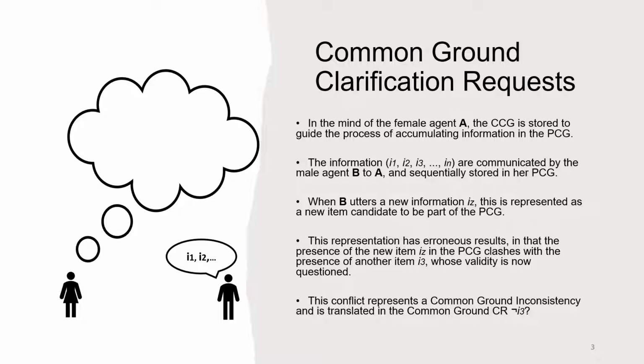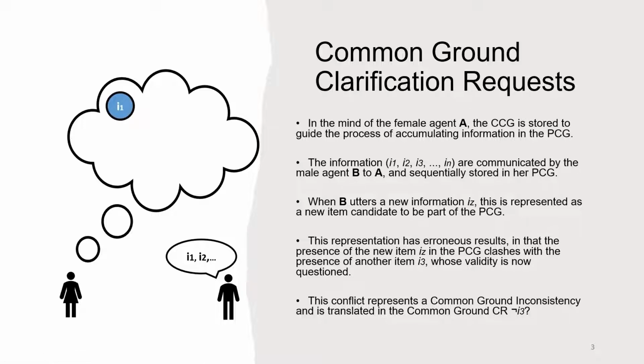So imagine that we have two different agents. One is giving the information to the other. First of all, the information that is given by agent B on the right side of this picture is processed, we can say, by the other agent.